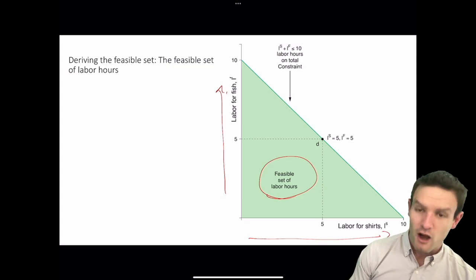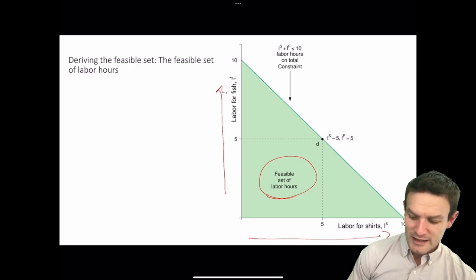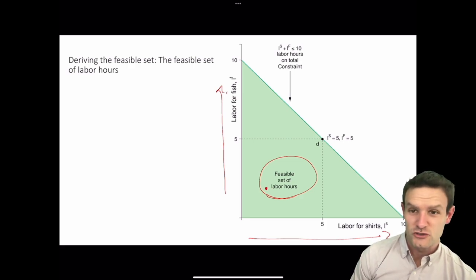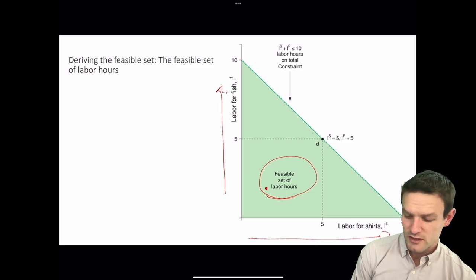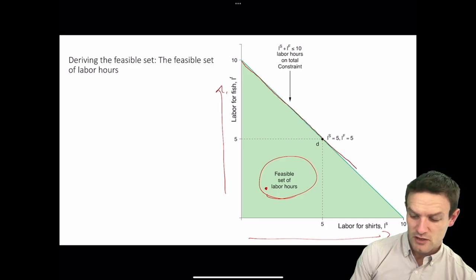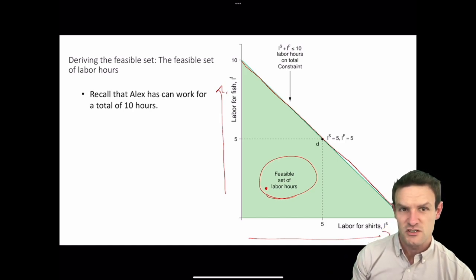So the border of that feasible set is the feasible number of hours that he could spend working on fish or on shirt making. Now he could hypothetically spend less time on each, say, 2 hours and 2 hours, summing to a total of 4 hours. But that would not be on the border of his feasible production set. On the border, he's always spending 10 hours, but the number of hours is just varying between the two production activities.